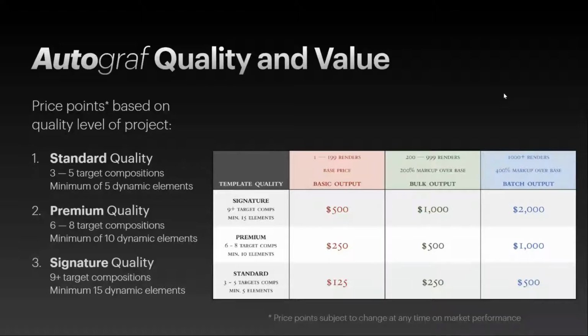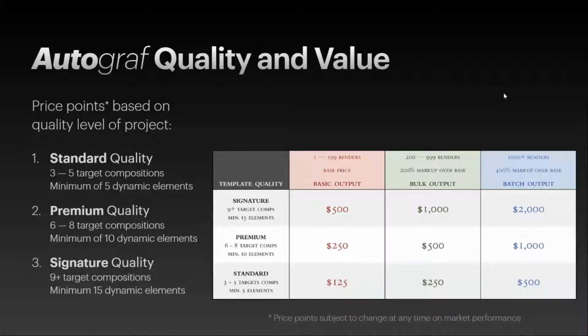Premium gets up to about 6 to 8 target compositions and a minimum of 10 dynamic elements. Signature is 9 or more target compositions with 15 dynamic elements. Depending on how sophisticated you've built your After Effects project, that determines the quality of the autograph.